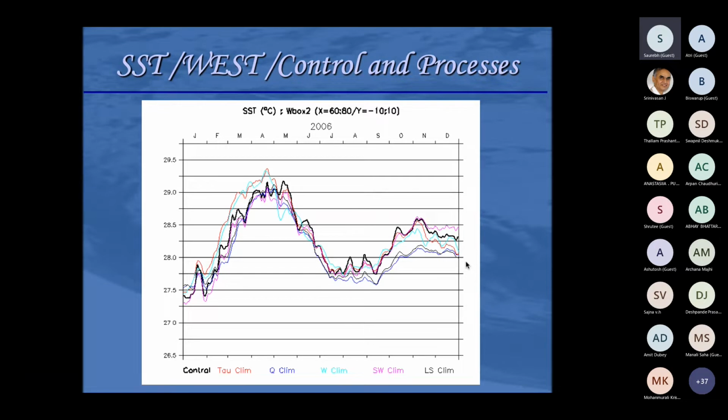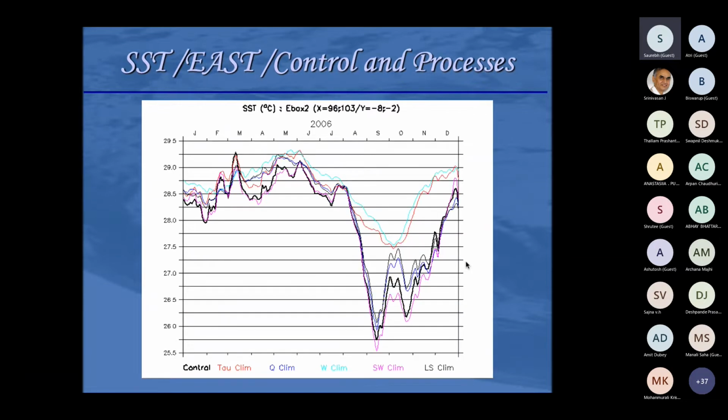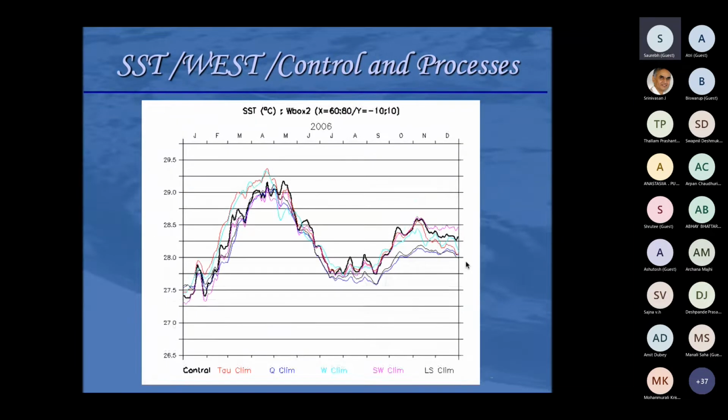Now, it is not the same for, this is for the eastern side, okay? This is SST eastern side, and this is for the western side. Western side is different, because one thing is that we have the warm pool there, the mixed layer is much deeper, there is absence of upwelling, and so on. So when we look at here, even here we find that the wind climatology is important.